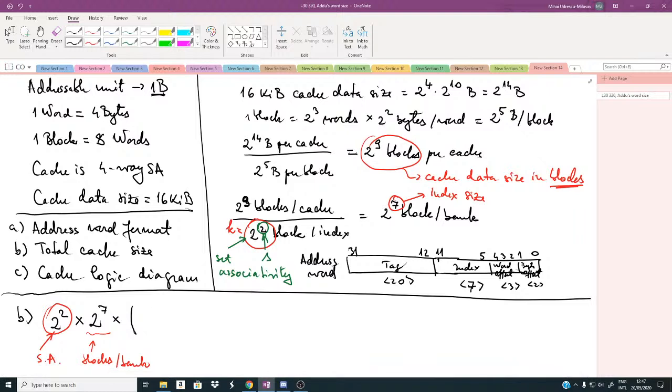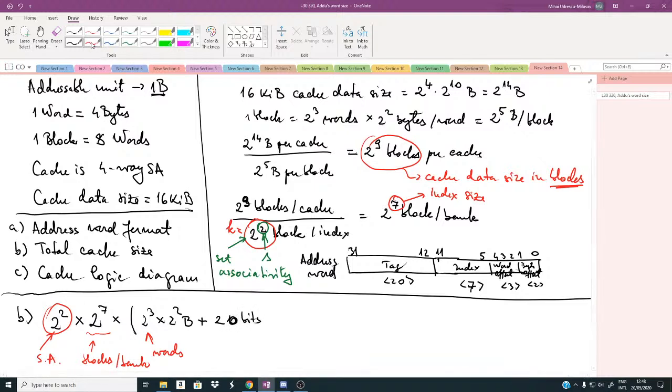In each cache line, now let's talk about data, I have 2 to the power 3 words, times 2 to the power 2 bytes, plus the tag, 20, plus 1, so it's 21 bits.